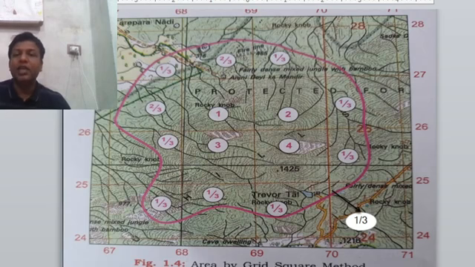Dear students, in the last video lecture, we learned about the grid system and area by the grid system, and direct and indirect methods to find the distance on the topographical map.